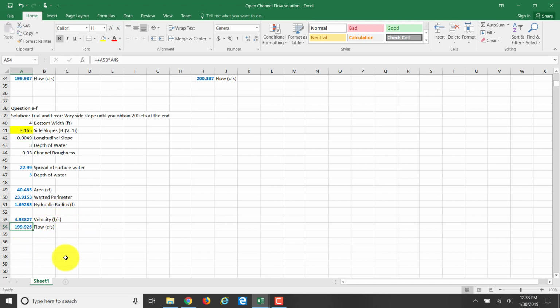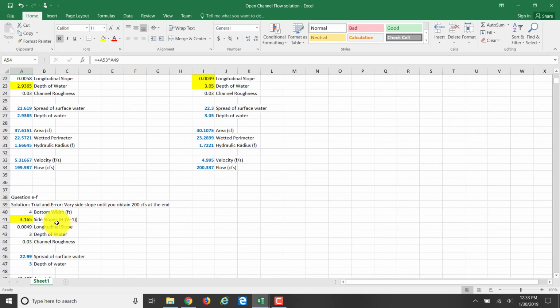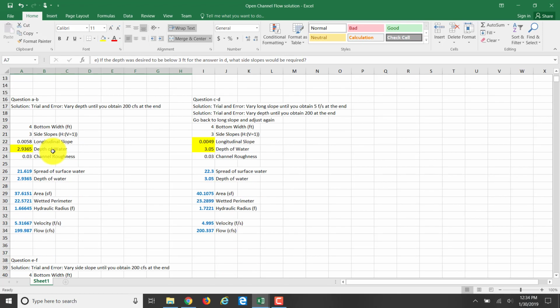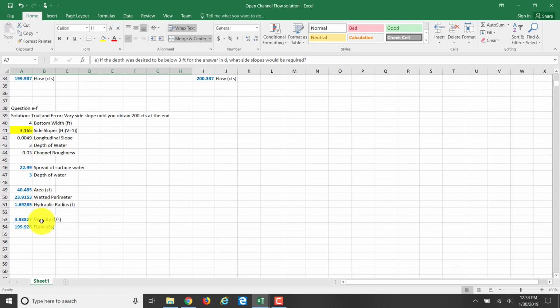If I have 3.165 as my side slopes, I have it at the 200 cubic feet per second. My velocity is just a little bit below 5. So the question here is, in order to keep the depth at 3 feet or below, what side slopes will be required? And I've done that here.